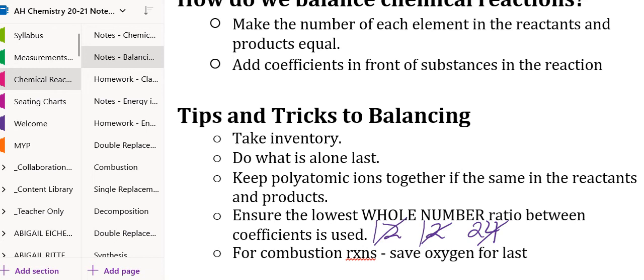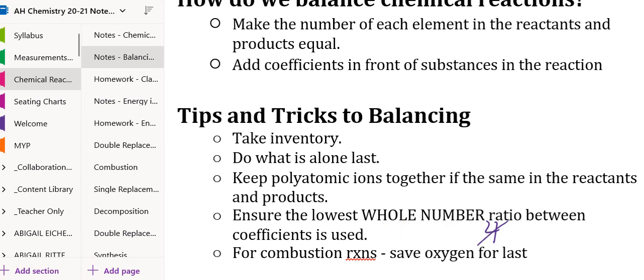Now, if you accidentally leave one that's not in the lowest whole number ratio, it would be very little points taken off, and your ratio is still true, right? The ratio of 2 to 4 is the same as the ratio of 1 to 2. So in terms of it affecting your math as we use balanced reactions, it won't affect it negatively. It's still the same ratio.